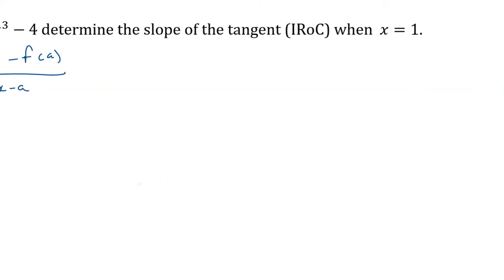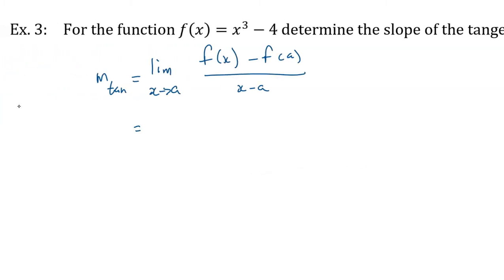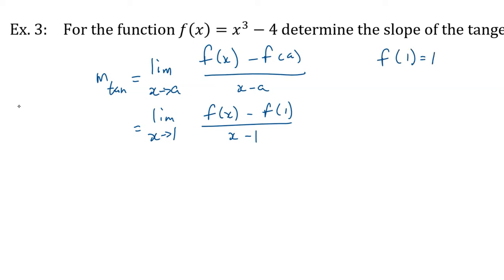That's just the formula. Then I sub in my value. For this question, it's when x equals 1. So this equals the limit as x approaches 1 of f at x minus f at 1 over x minus 1. To continue, I need to know what f at 1 is. So it looks like -3.